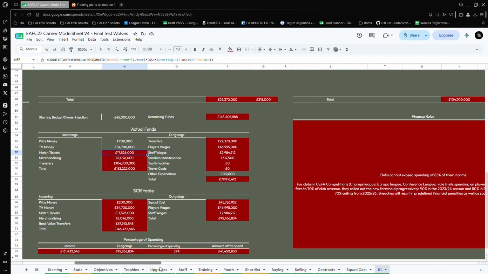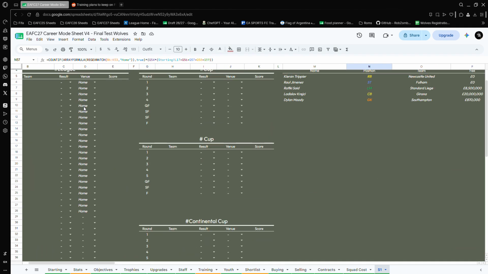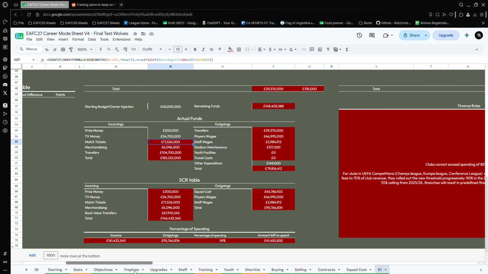But as a standard, I've just put 23 home games, just so I can work out how much money I've got for now. Merchandising is also based on ticket sales, things like that. So it's worked out separately, and it's not included from the home games, so you can just do what you need. It will just generate transfers.